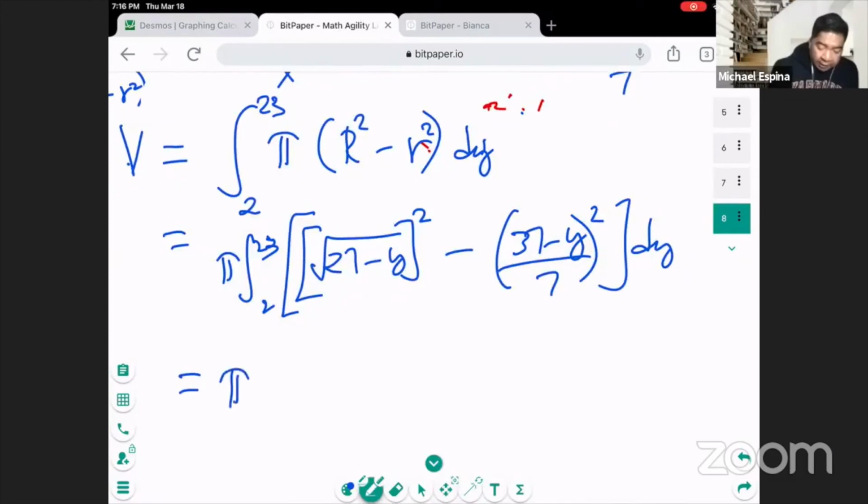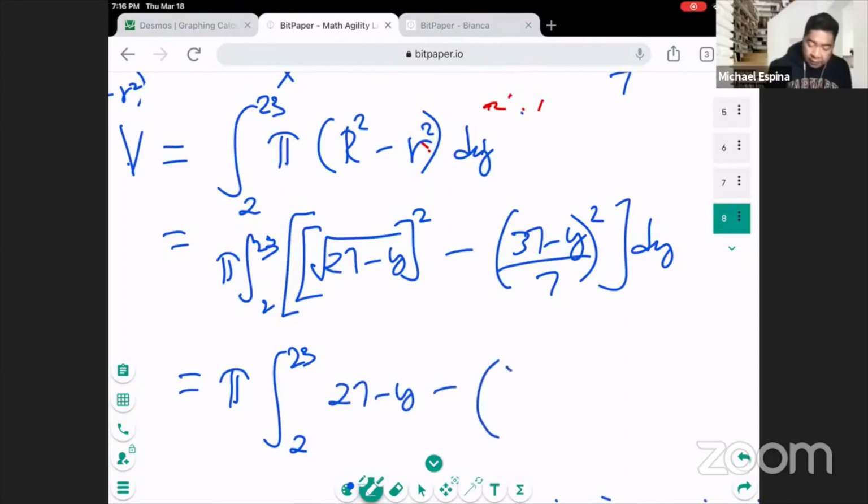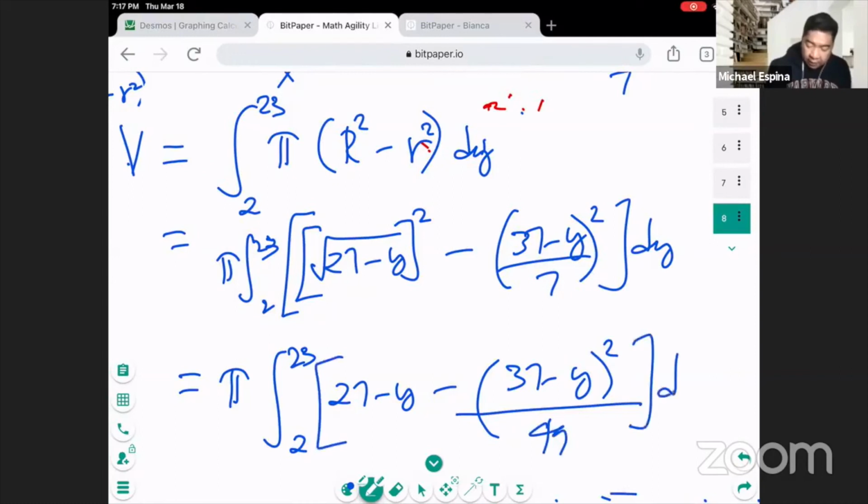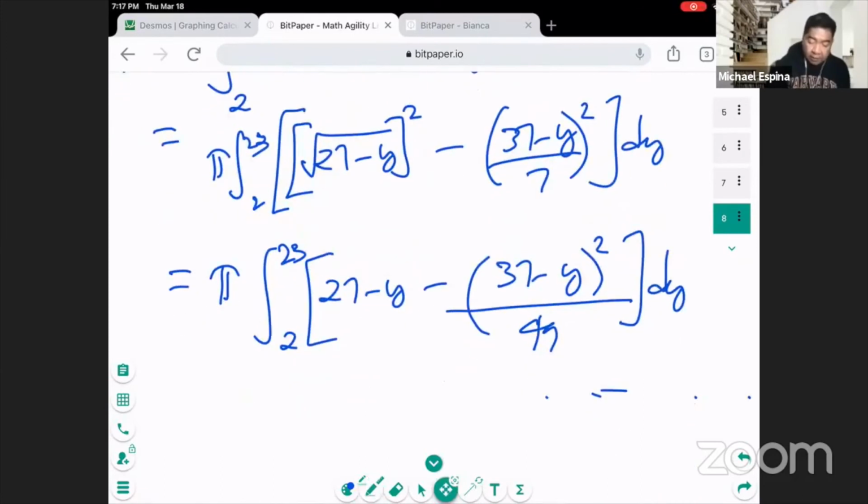Okay, let's simplify. So this is pi, and this is the limit from 2 to 23. And then since this is a radical sign, it would be gone, right? 27 minus y minus 37 minus y squared over 49, right? And then dy. Okay, we can expand the denominator of the second term. So let's actually distribute 49 first.